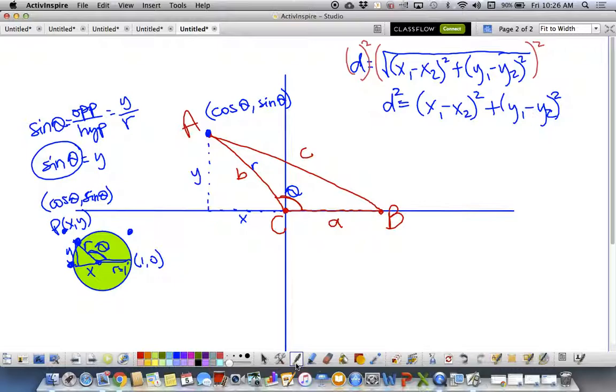Then, can you find coordinates for here? For B? Okay, we know C, right? We're always putting it at the origin. What about B? And 0. So we're going over how far our radius is, right? I'm going to make sure I put this one in correctly.